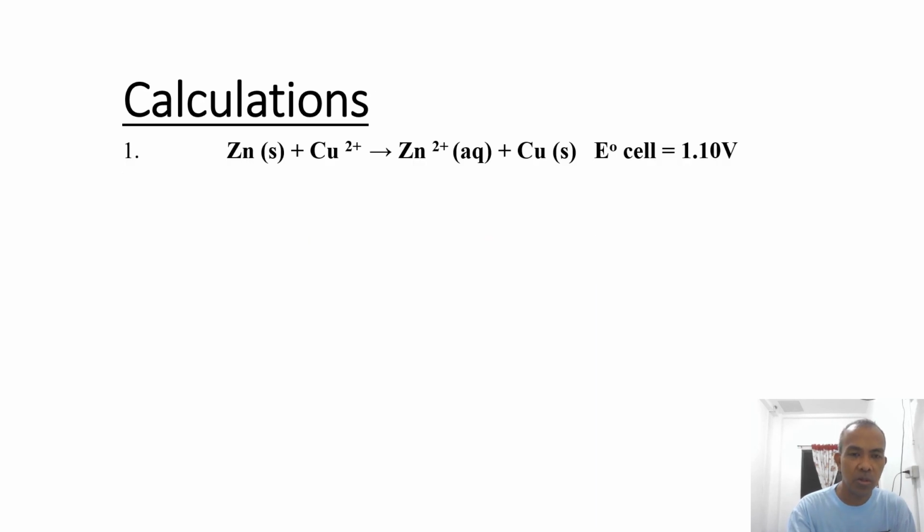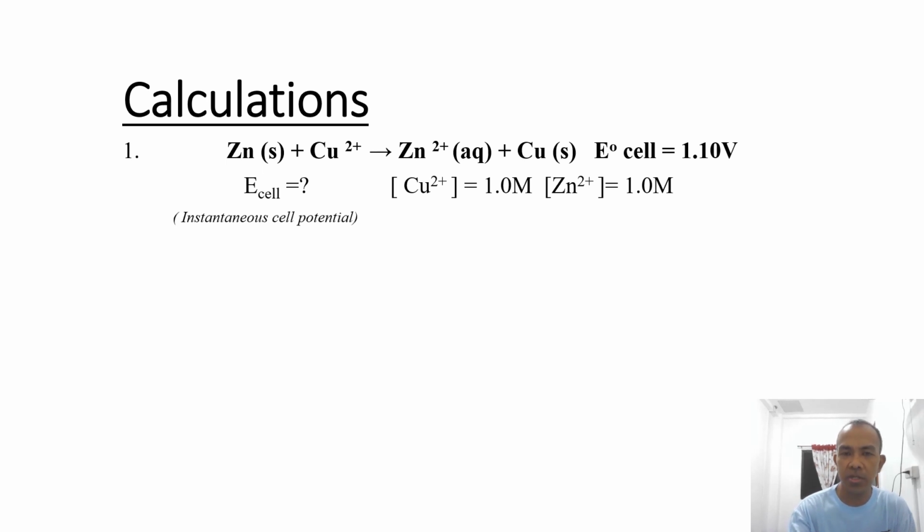So for the examples, we will use the reaction of the zinc and copper cell. We will now compute the instantaneous cell potential. Here, zinc is oxidized into zinc 2 plus.